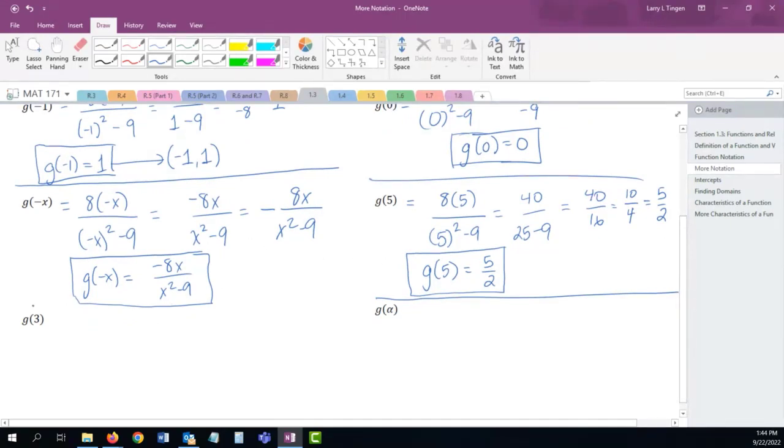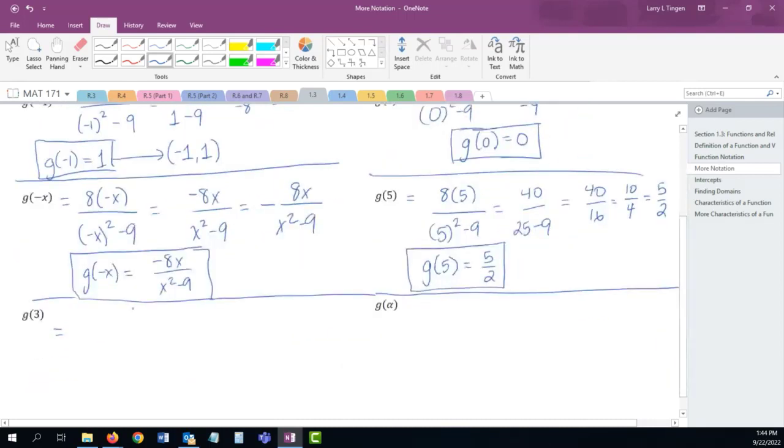All right, G at 3. G at 3 is, if I remember correctly, just 8x over x squared minus 9. So that's 8 times 3 over 3 squared minus 9. I said plus, and I should have said minus. 8 times 3 is 24. 3 squared is 9. 9 minus 9 is 0.